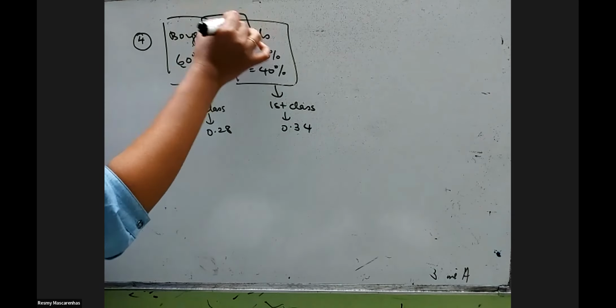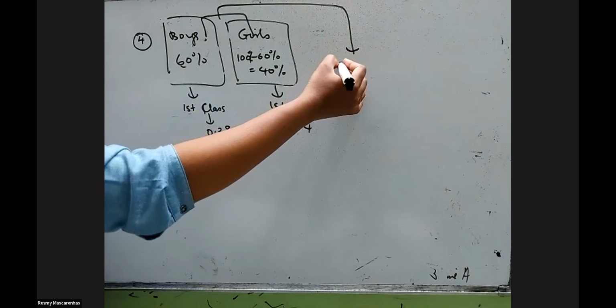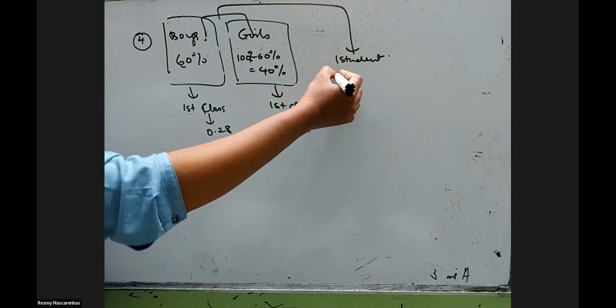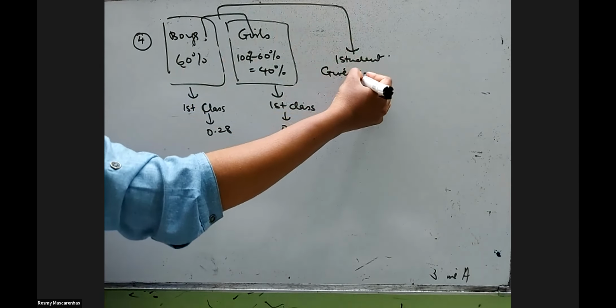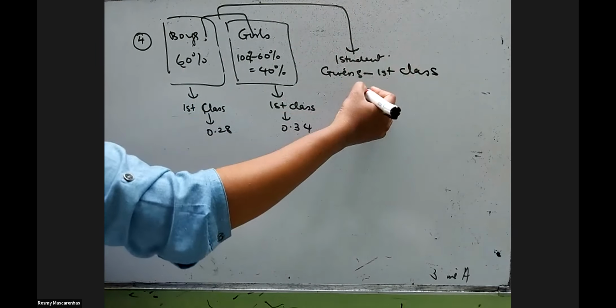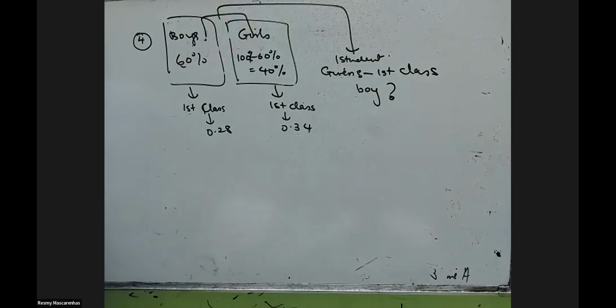Now out of this there is one student who has been picked. So given is what? The student got first class. Now what is it? It is a boy. Now there are only two things, boy and girl, so there will be only two events.